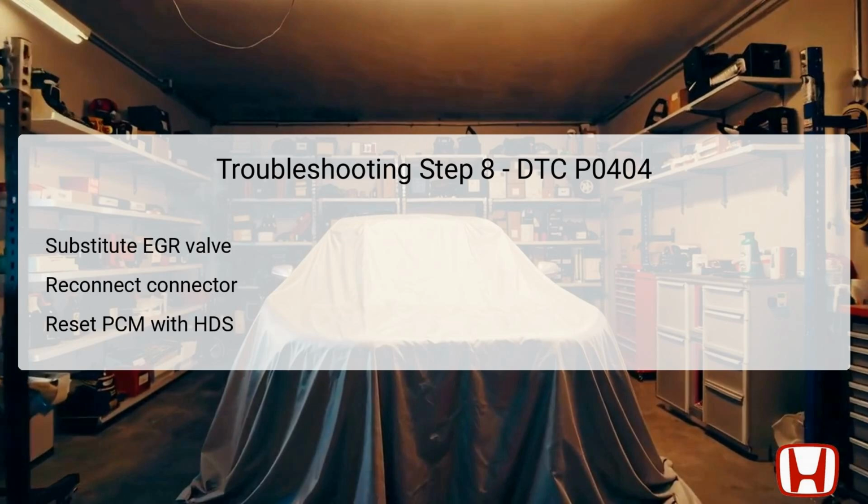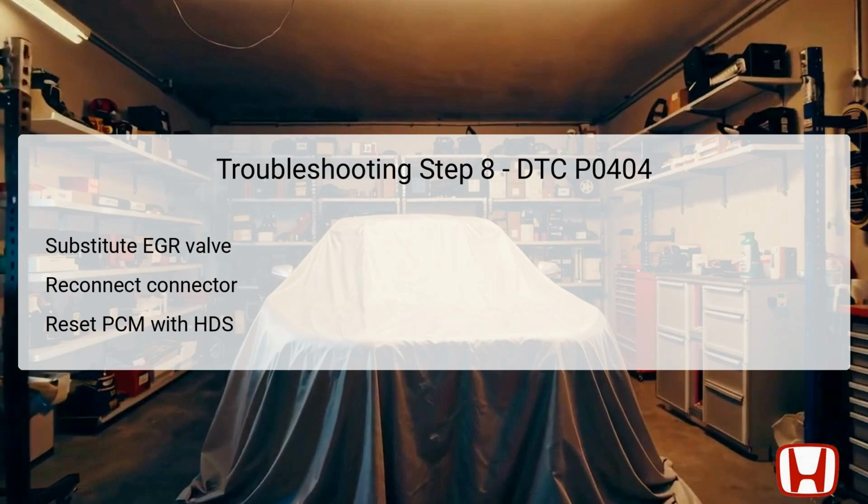To initiate this step, ensure the vehicle is first brought back to the on mode once the original EGR valve is removed. After substituting with a working EGR valve, reconnect the EGR valve 5P connector to maintain connectivity between the new valve and the ECM.